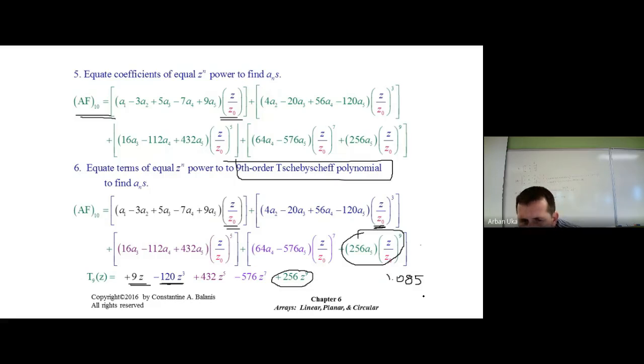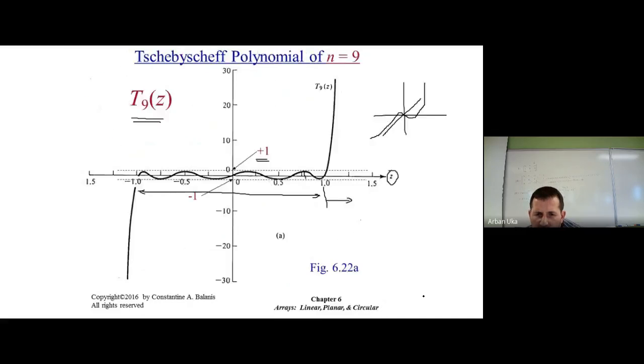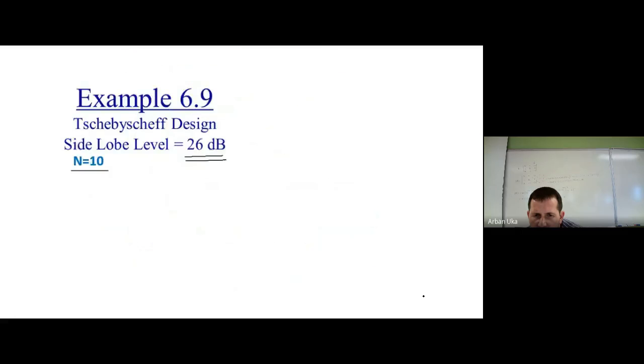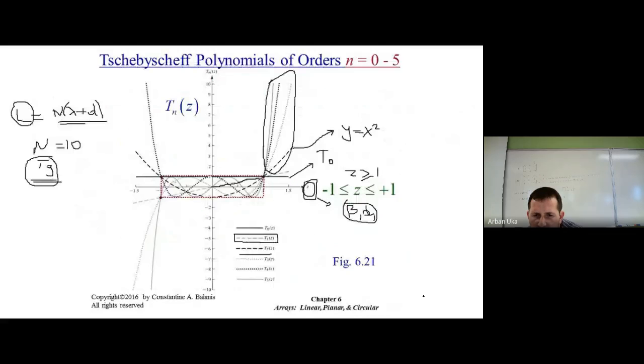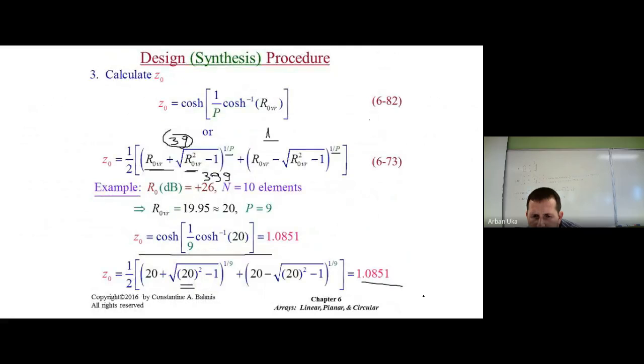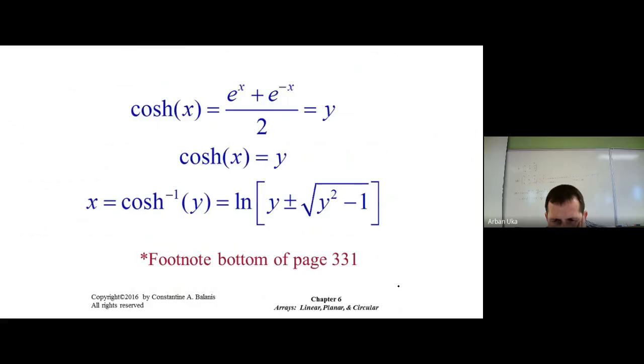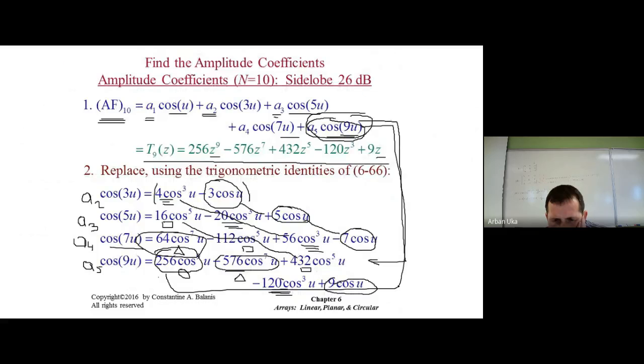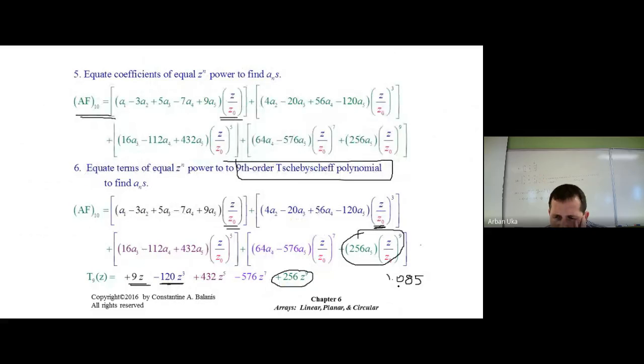And let's see where we have it. I thought we looked at it this way. Yeah, here we are. So this is the Z0. 1.08, this 1.08 times to the power 9.